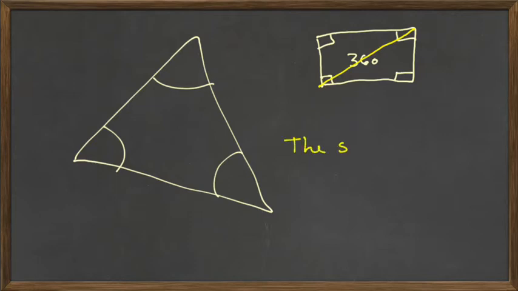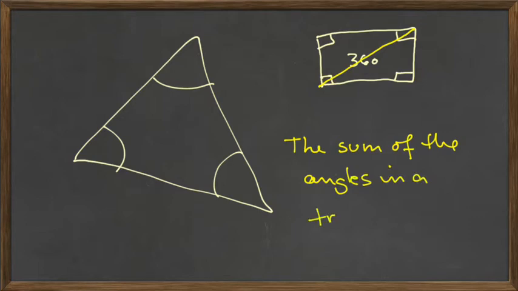The sum of the angles in a triangle is 180 degrees as well, half of a rectangle.